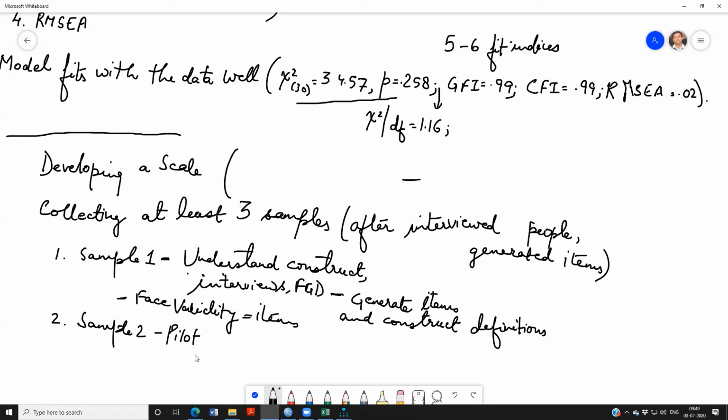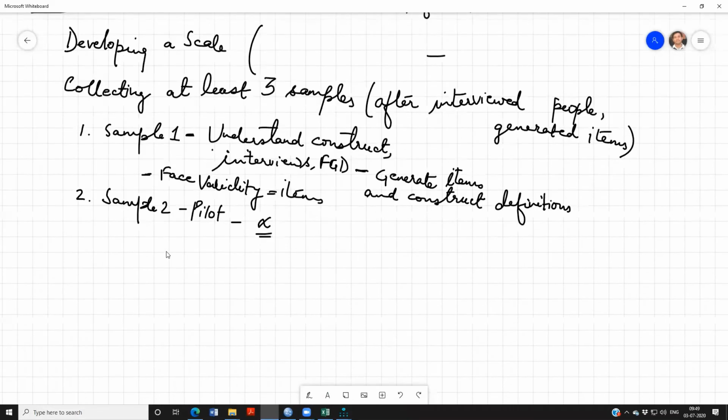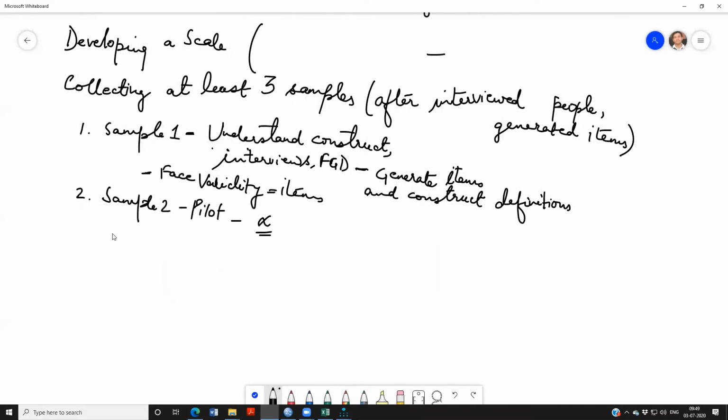Then on sample 2 you will collect the pilot data and check alpha, whether it is behaving properly or not. And on the same sample you will collect more data and perform exploratory factor analysis, right?